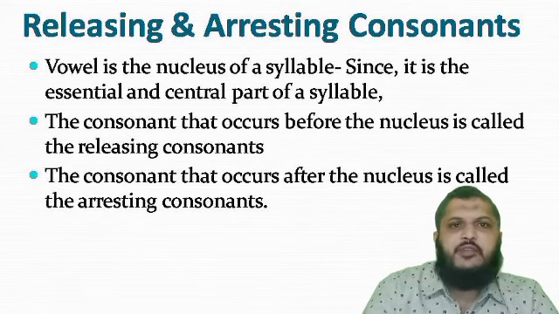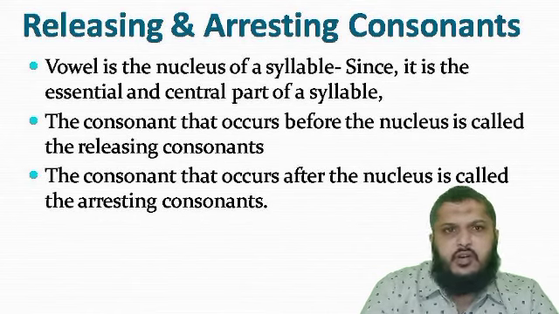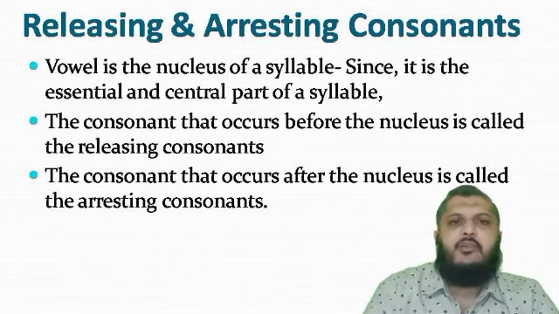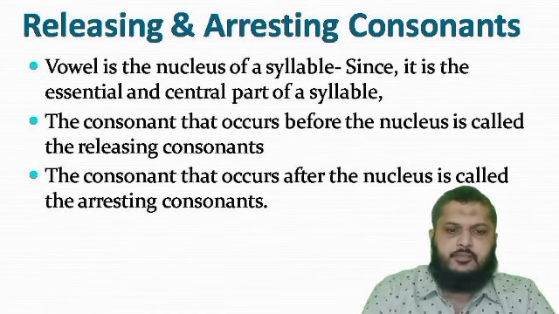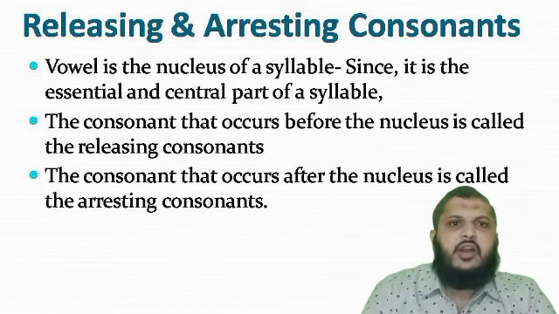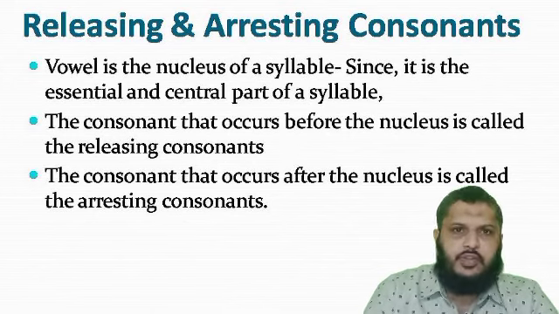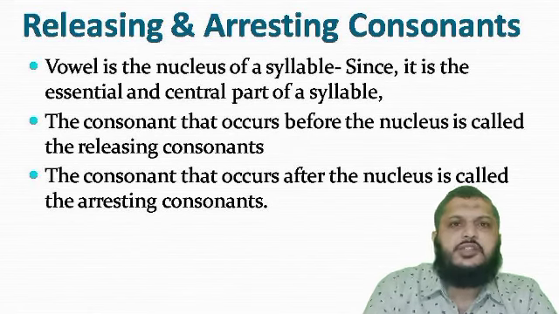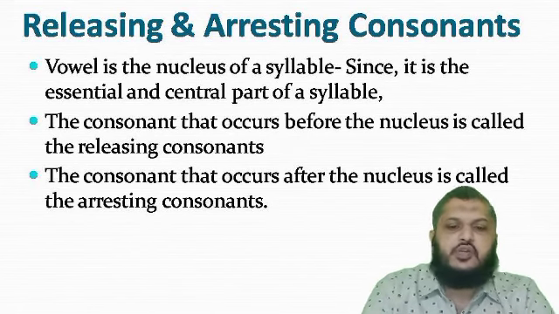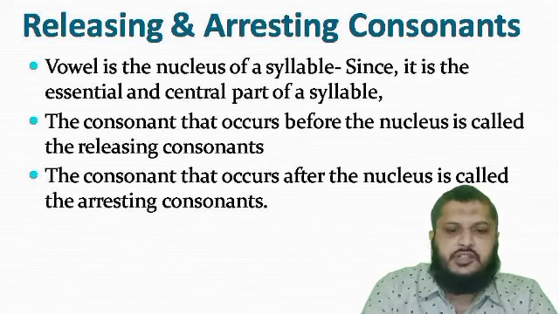Now, sometimes we find a consonant occurs before a vowel or after a vowel. We can call these consonants with different names. The consonant that occurs before the nucleus is called the releasing consonant.